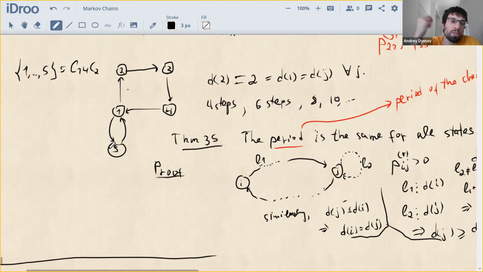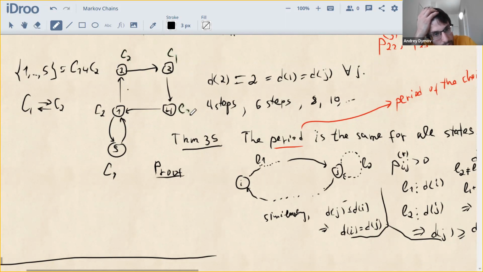So it means that from C1 I can go only to C2, and from C2 I can go only to C1. Let us assume that state number 5 belongs to C1. Then this one should belong to C2. Then look, it's okay that I go from this to this because I go then from C2 to C1, but then I also can go from 1 to 2. It means that this one belongs to C2. Then this one belongs to C1. This is C2.